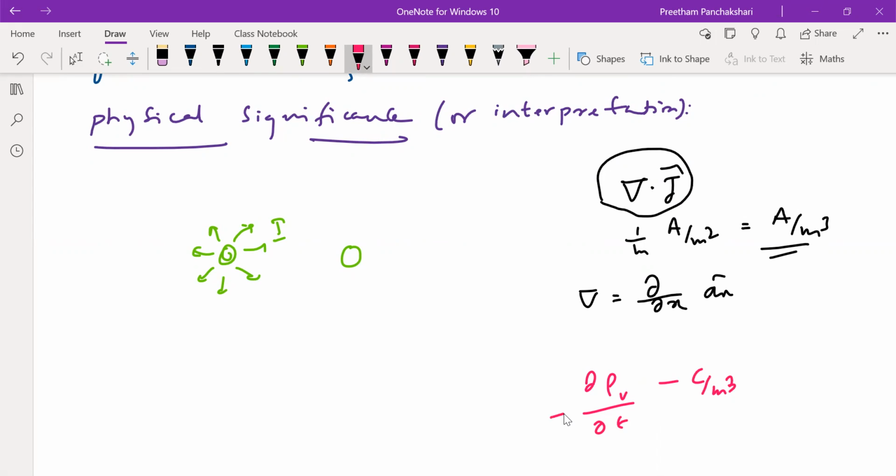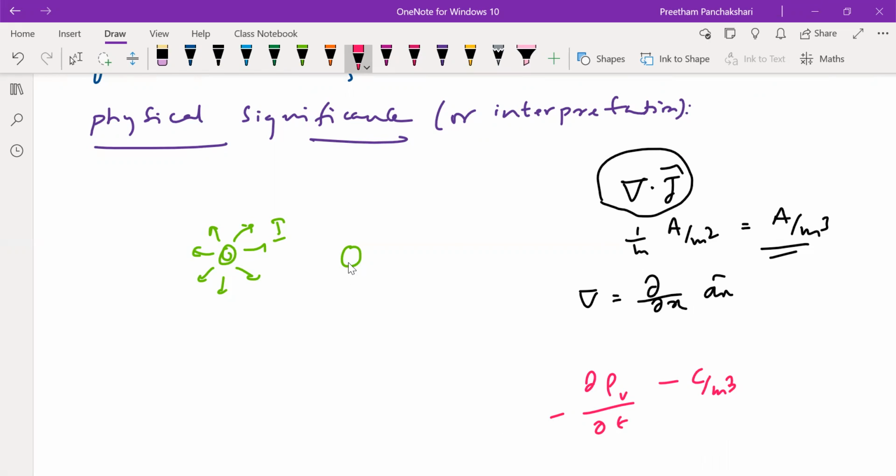Now if you introduce the minus, this says the rate of decrease of charge per unit volume per unit time. So you can say the time rate of decrease of charge per unit volume at that point.